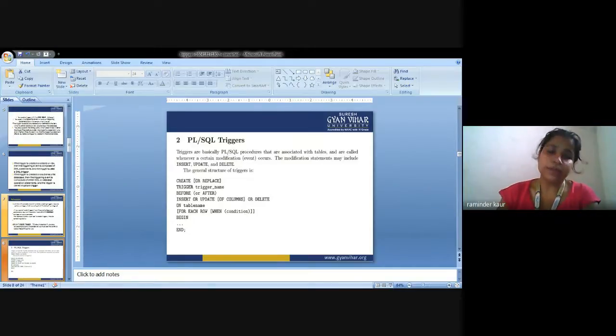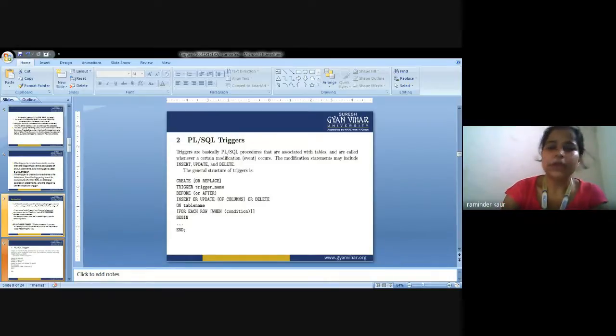Next is the exception section. It starts with the exception keyword. It is an optional section which contains statements that are executed when a runtime error occurs. Any exception can be handled in this section.